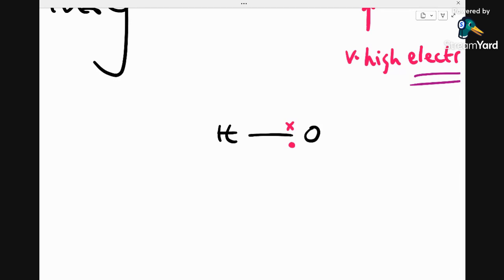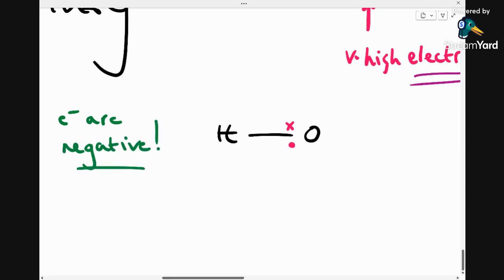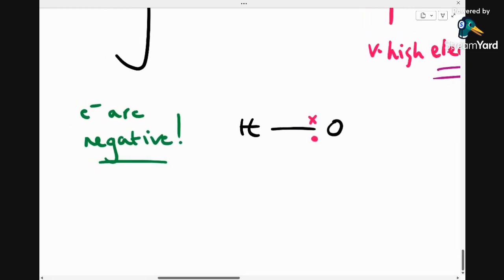And hopefully you know from your GCSE chemistry that electrons are negatively charged. They're negative. What that means is if they're spending more time near the oxygen, the electron density map would look like this.